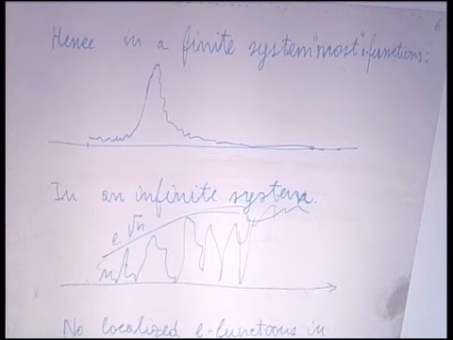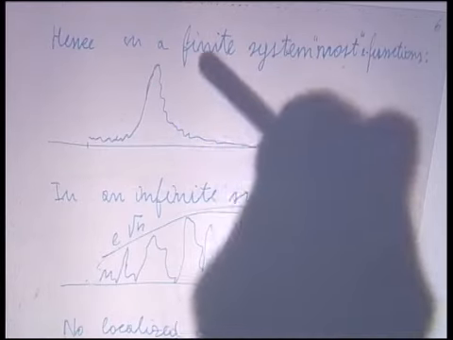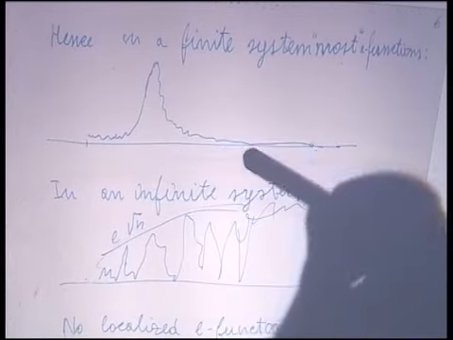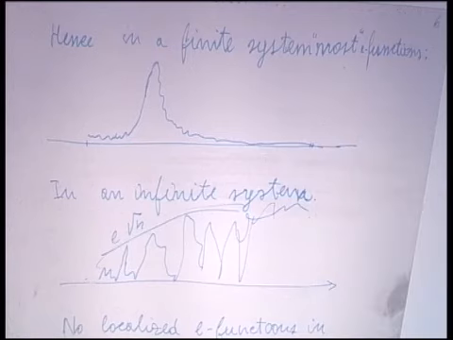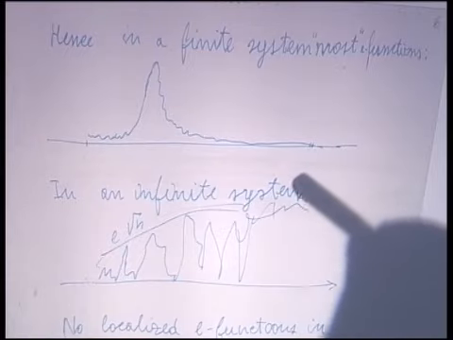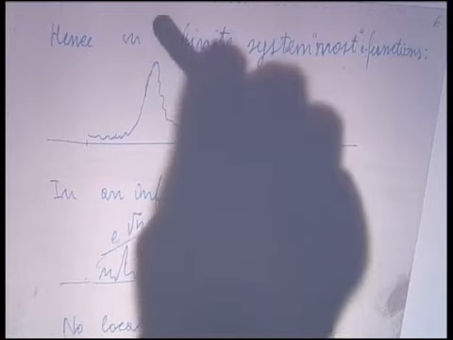So from the theorem I just mentioned, what will follow is the following thing. Once you are in a finite system, the eigenfunction which corresponds to the complex eigenvalue strictly away from the real line will behave like that. It will be localized.